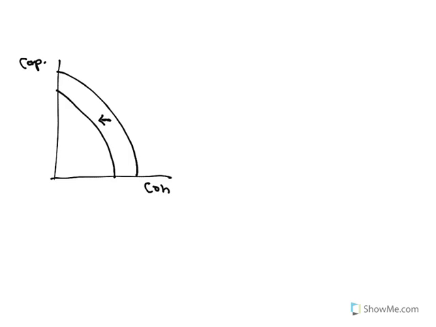Okay, and so this is called economic decline or contraction. So we're not producing as many goods and services as before. The economy or the economic system is not doing as well. We cannot produce as much.